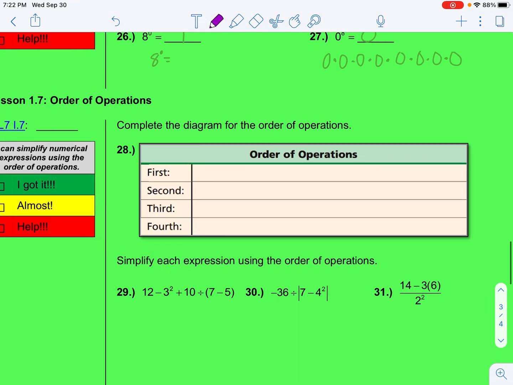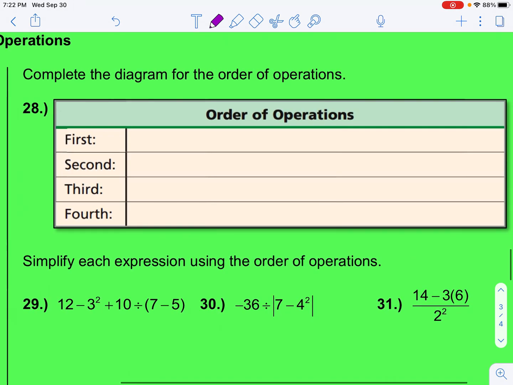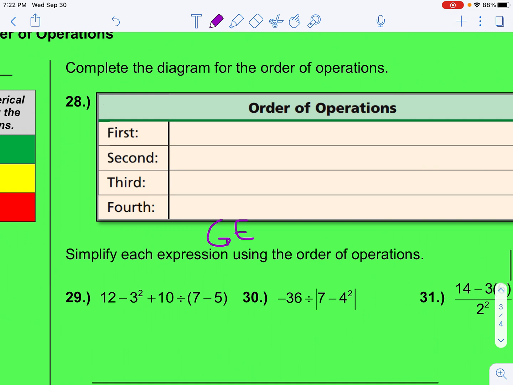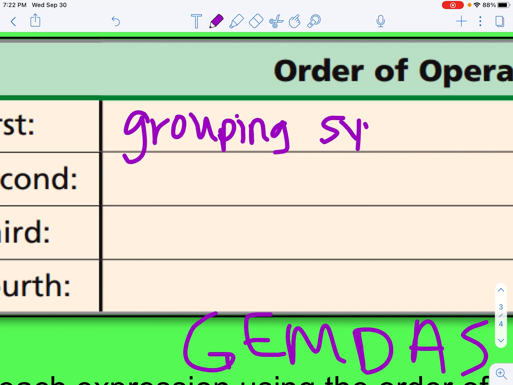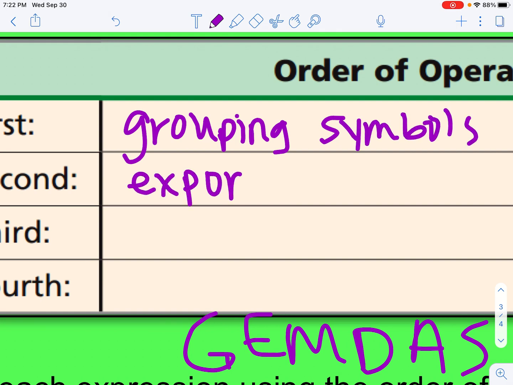Alright, let's move on to our last lesson. Complete the diagram for the order of operations. So remember, order of operations is GEMDAS. I hope this is a very quick thing for you to fill out. But our first step is always our grouping symbols. Our second step is our exponents.